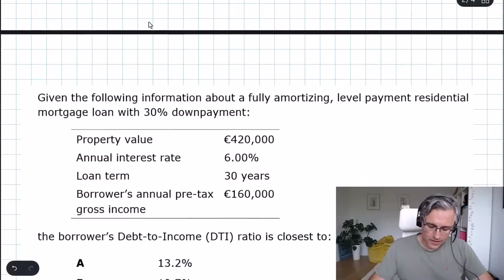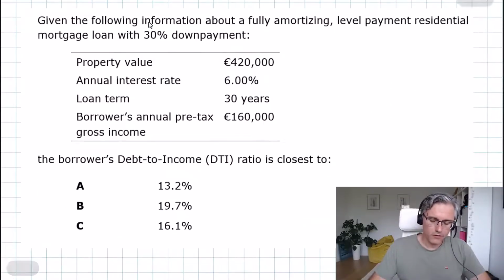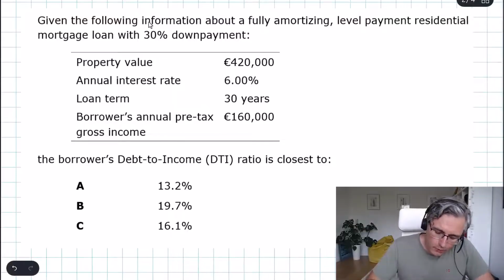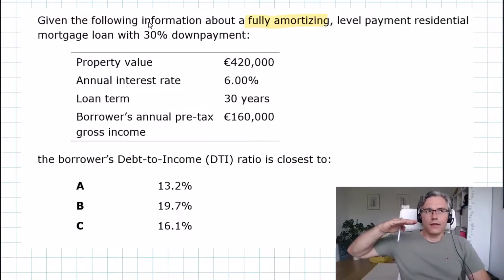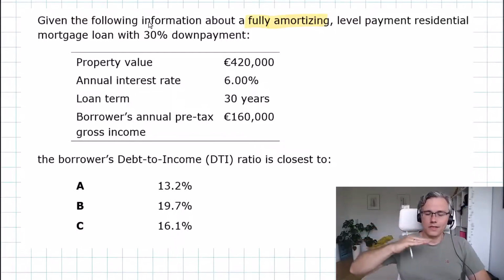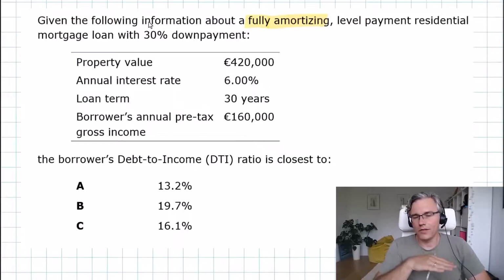Right, here's the example. Given the following information about a fully amortizing level payment residential mortgage loan with 30% down payment. Okay, let's just quickly focus on these words. Fully amortizing means that once the last final monthly payment is made, the loan balance is zero.